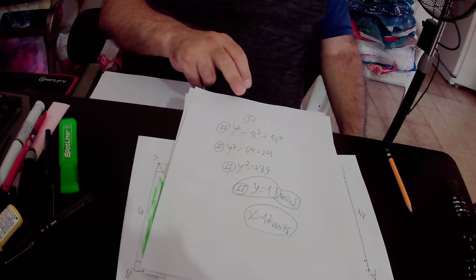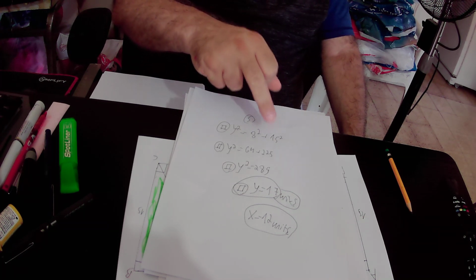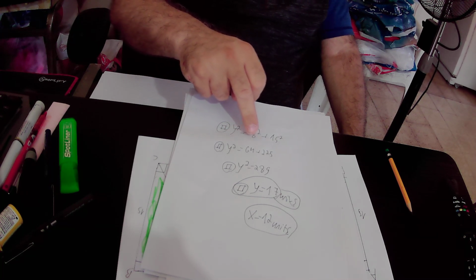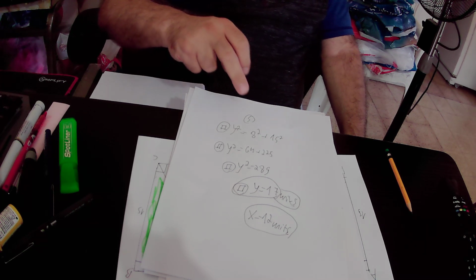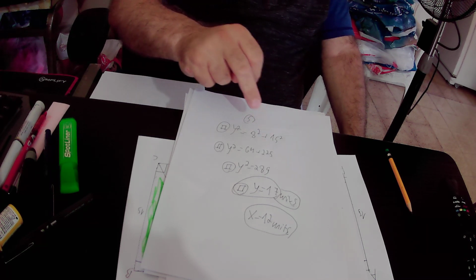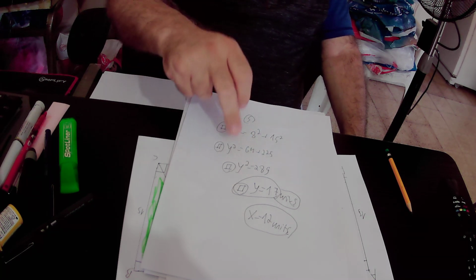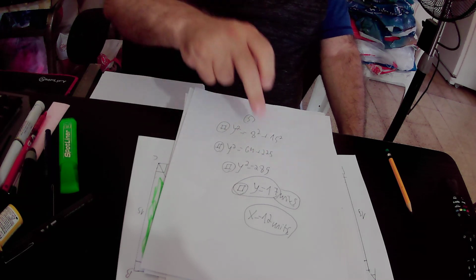And 8 squared is 64 and 15 squared is 225. And so we got that y squared equals 64 plus 225, and 64 plus 225 equals 289. So y squared equals 289.